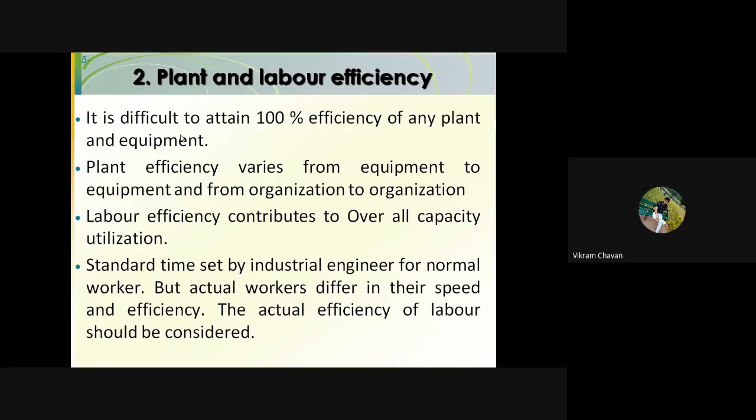Is my voice audible to everyone? Okay. Note down some of the points which will be useful to understand how the plant and labor efficiency factor influences the effective capacity.